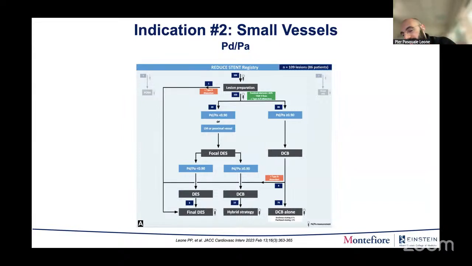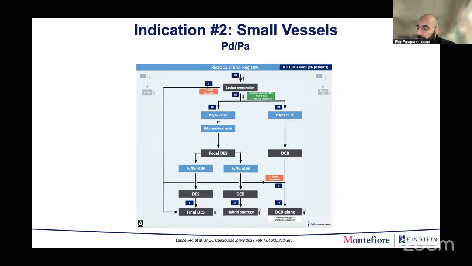And this is just another level of interrogation of the lesion. If we're still in doubt, not sure whether we should put a stent or not, and we have a wire down, what we've been doing for a bit is also to assess the PdPa. It's very simplistic. It's just measuring the pressure distal to the lesion and the pressure in the aorta.